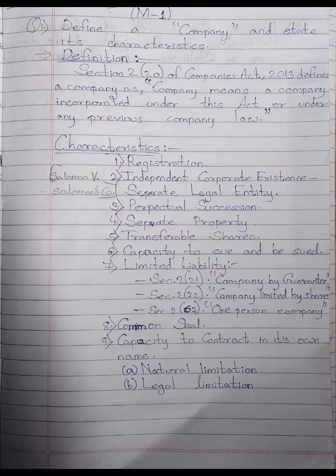Now next, transferable shares. According to Section 44 of the Companies Act 2013, the share or debenture or other interest of any member in a company shall be movable property transferable in the manner provided by the articles of the company.